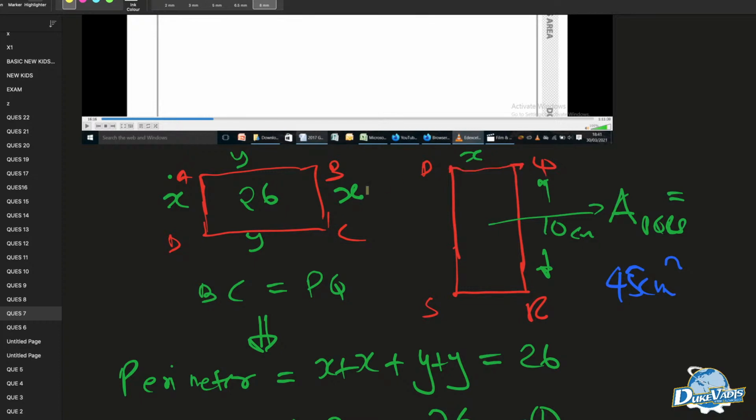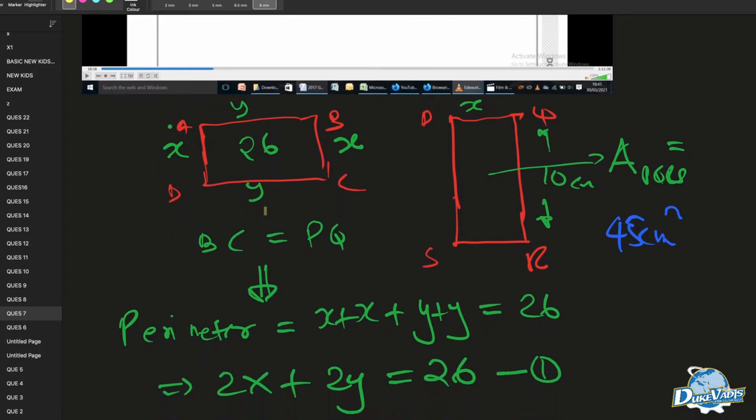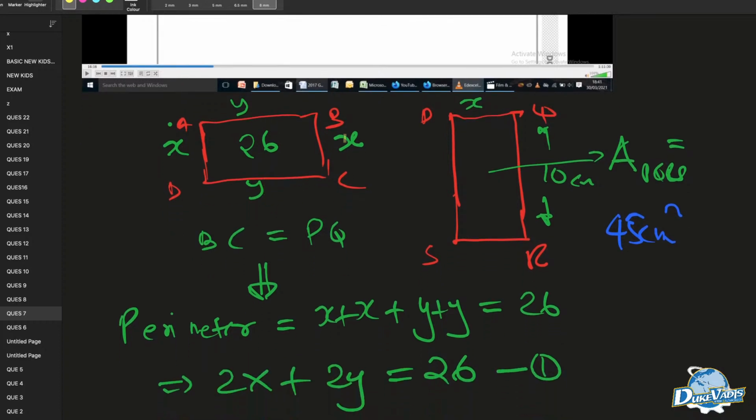So if that is the case, we represented x here to be that dimension that we don't know, and this one as well. We knew right from the scratch that we've been given a 26 over here as the perimeter. So when we hear of perimeter, the summation of all the dimensions should give us 26.